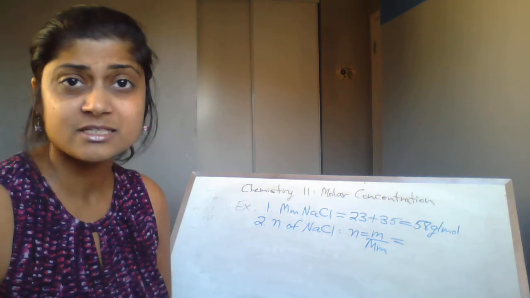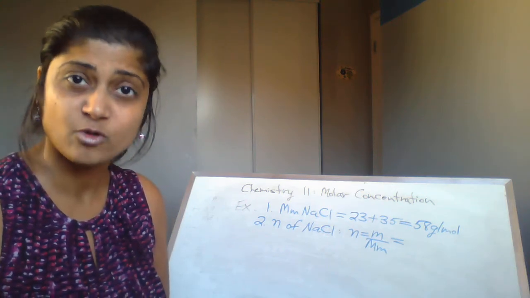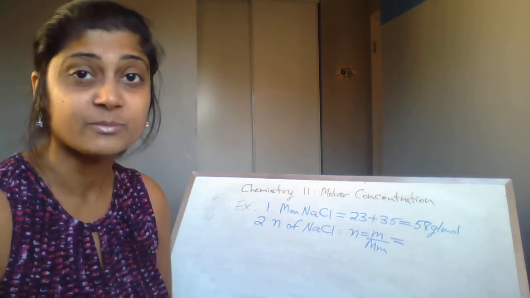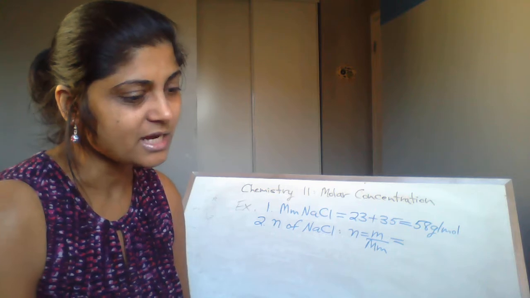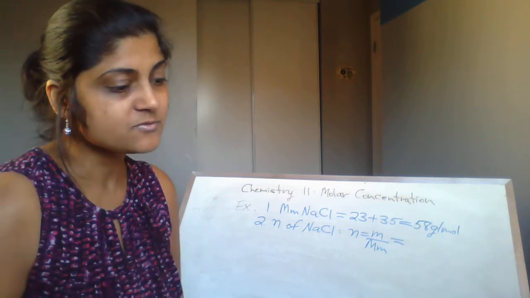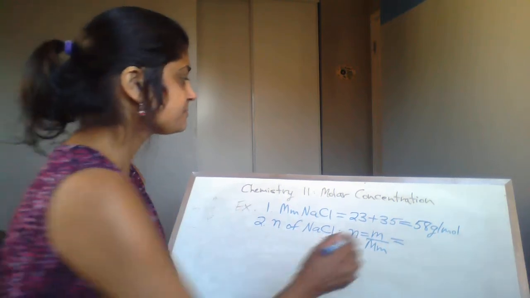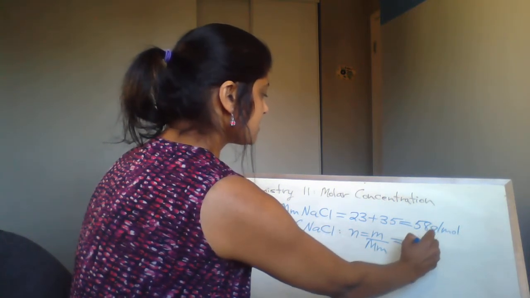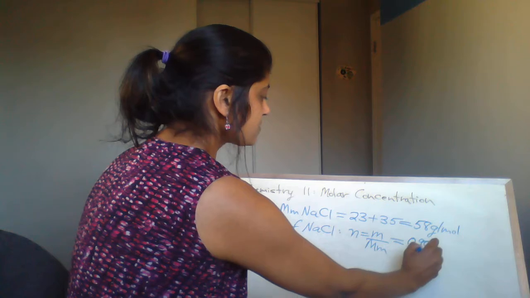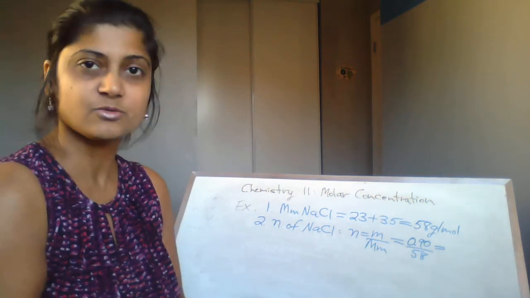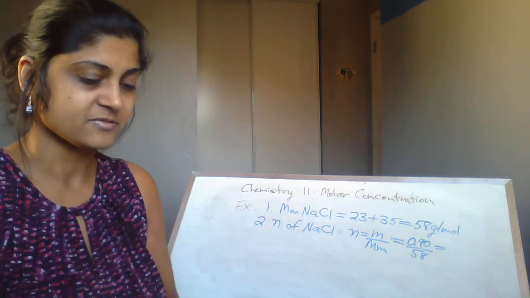We're continuously going to be using it again in Unit 4 as well. So don't forget the formula, and make sure you're memorizing them. It gives you the solution contains 0.90 grams of sodium chloride. So I'm going to do 0.90 over the molar mass we got from step 1, which is 58. So we're going to do 0.90 divided by 58.